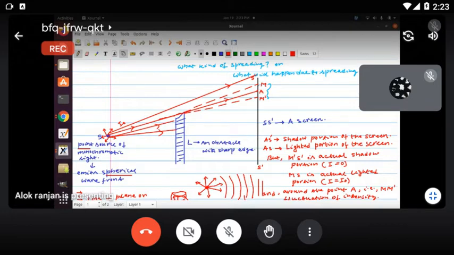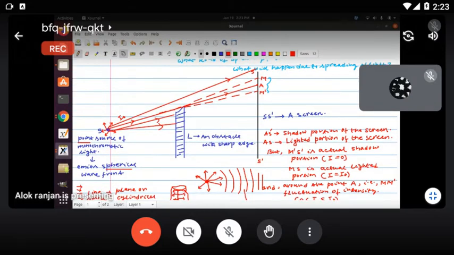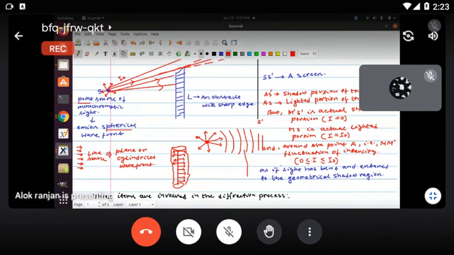So combining whatever we observe from this experimental setup, we can formulate a statement: as if light has bent and entered the geometrical shadow region.